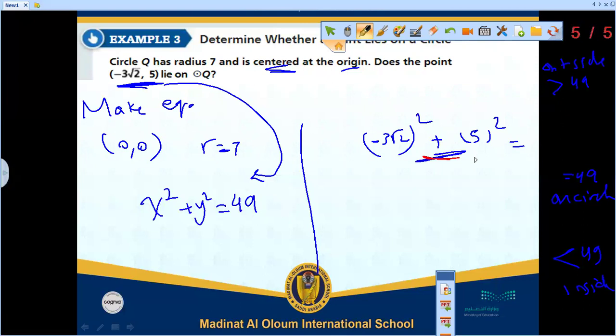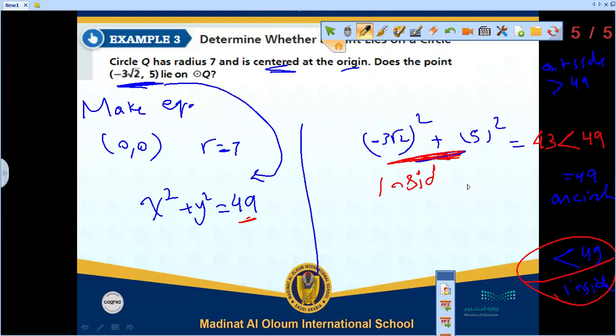Makes 43. Is this 43 greater than or less than 49? It's less than 49. If this value is less than the outer value, it means inside circle. It means this point is inside the circle.